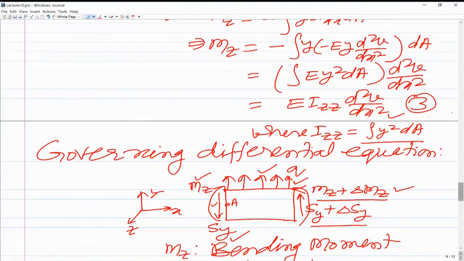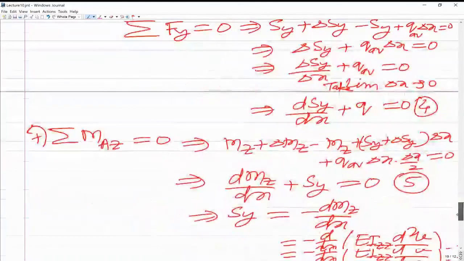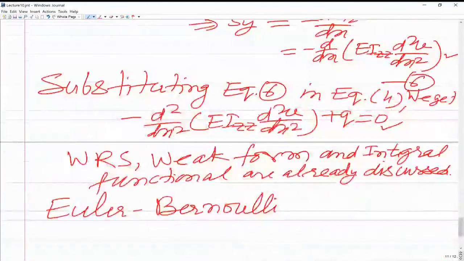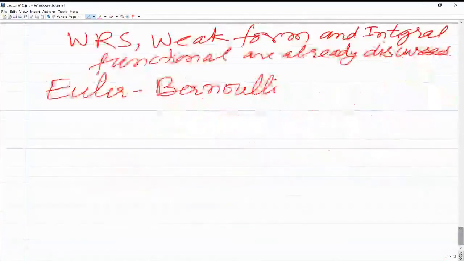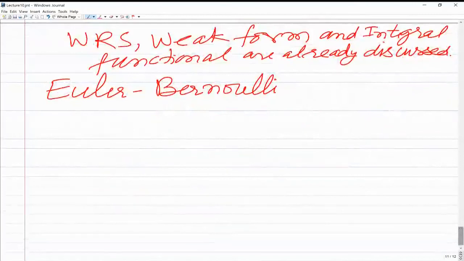Some of you might also have used this fourth order differential equation to find the deflection, but right now we are not looking at the exact solution of this differential equation, but the finite element solution.